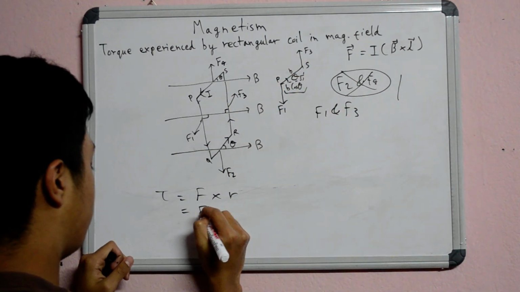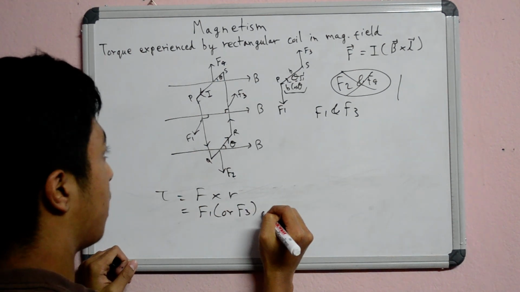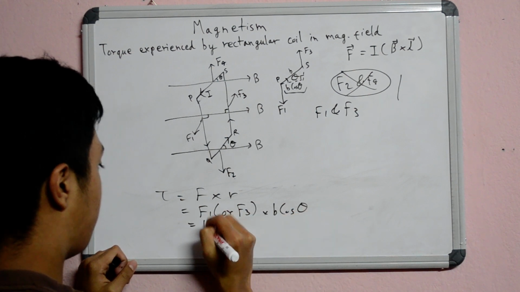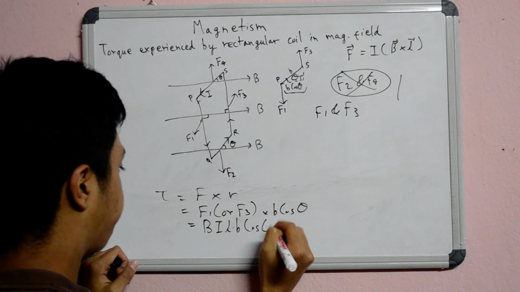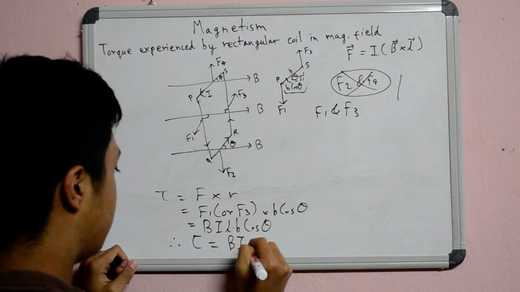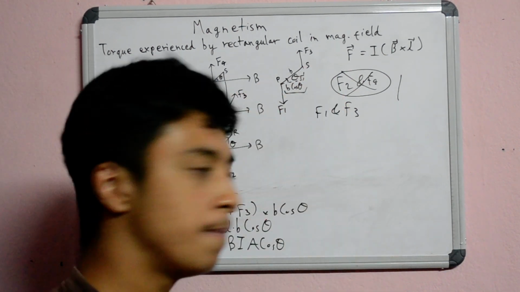So let's choose F1, I'll write in bracket, or F3, multiplied by B cos theta, which from earlier is BIL into B cos theta. Therefore the torque experienced will be BIA cos theta, where A is the area of the rectangular coil.